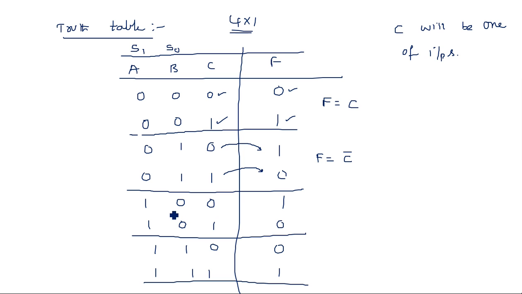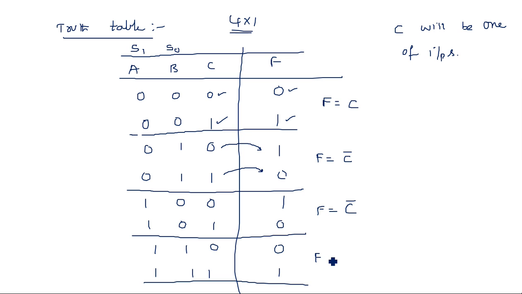And coming to this one, when selection lines are 1, 0, here F is equal to 1, 2, 4, 7, right? F is also simply C bar.